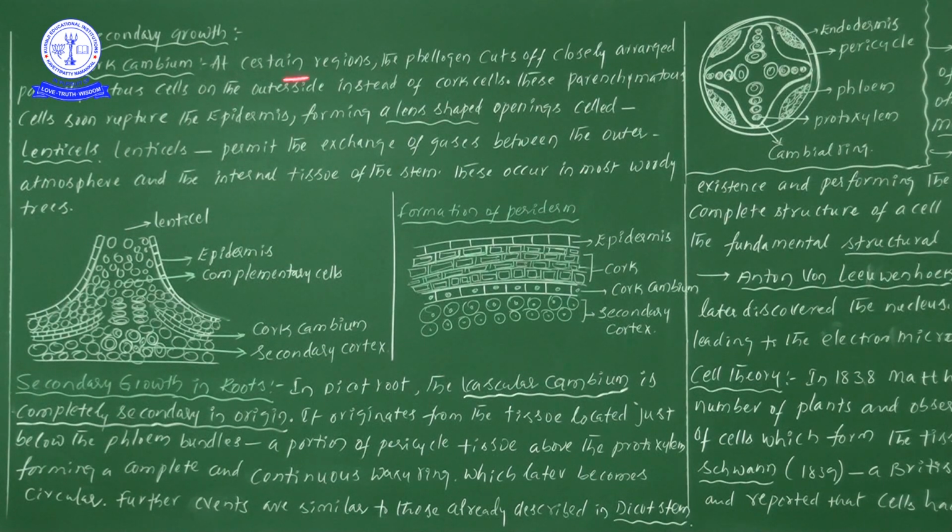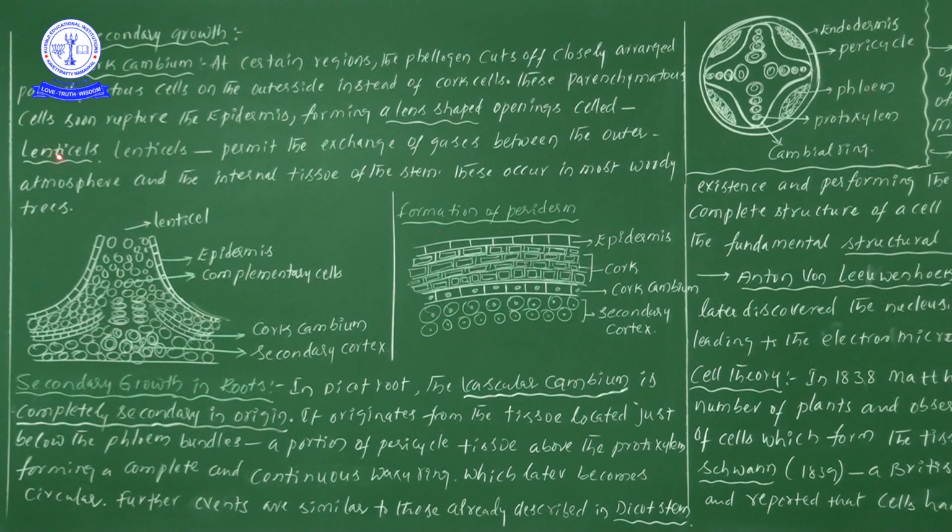These parenchymatous cells soon rupture the epidermis and form lens-shaped structures. So in certain regions the phellum cuts off closely arranged parenchymatous cells on the outer side instead of cork cells.